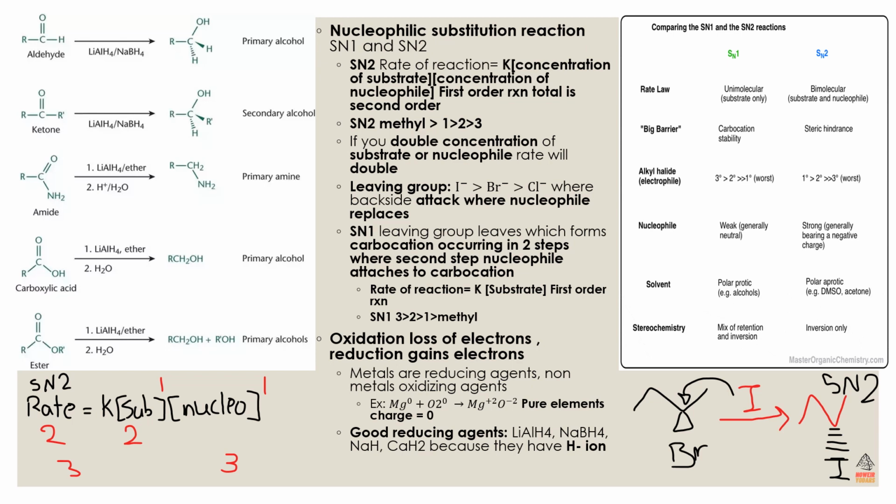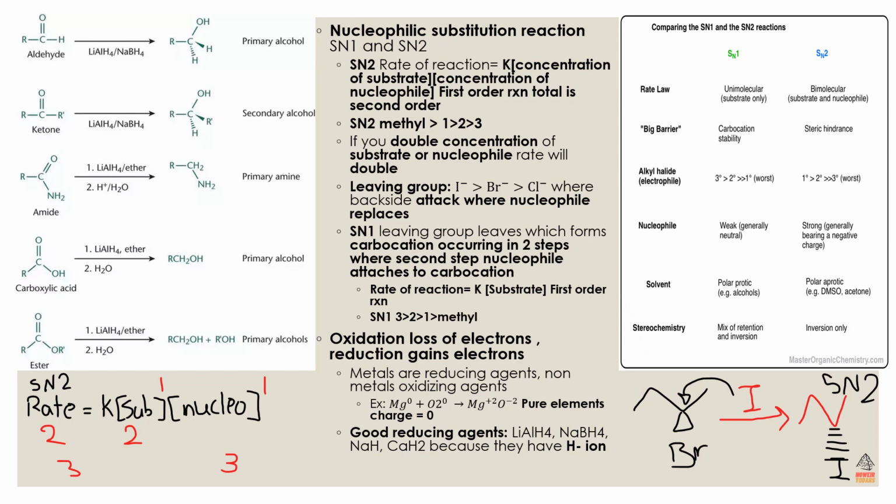And like I said, the SN2 reaction prefers aprotic solvents. It kind of prefers a polar aprotic environment. With the SN2 reaction, it prefers having a methyl over primary, and then over secondary, and over tertiary substrate.